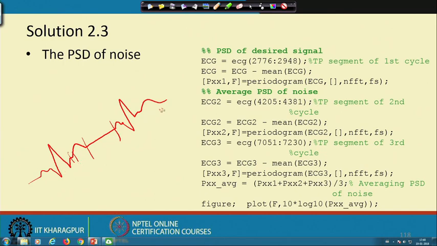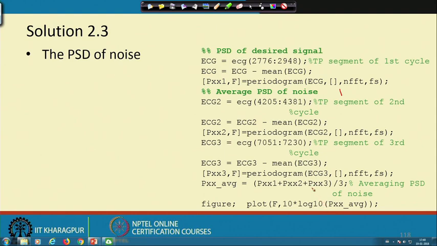So, all these segments we can get, and we already know the periodogram is not a very good estimate, and because the noise is white, that can give a lot of fluctuations in the PSD. So, we are going for the average PSD for the noise.